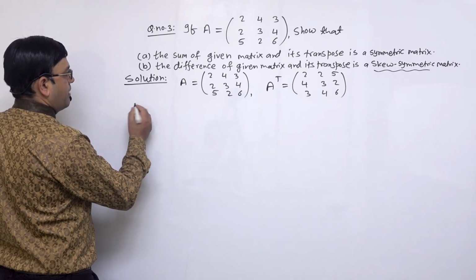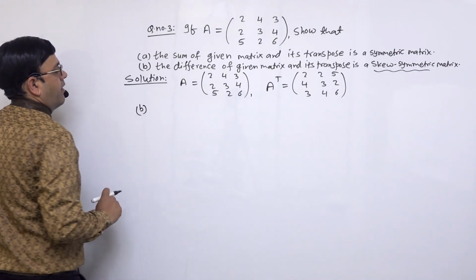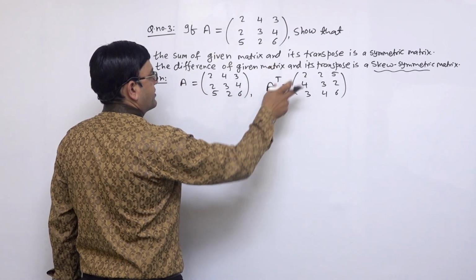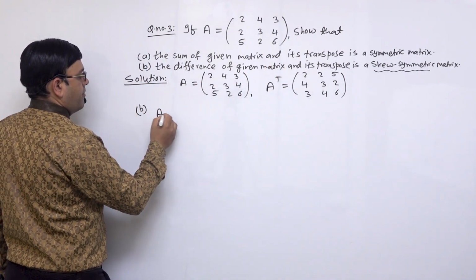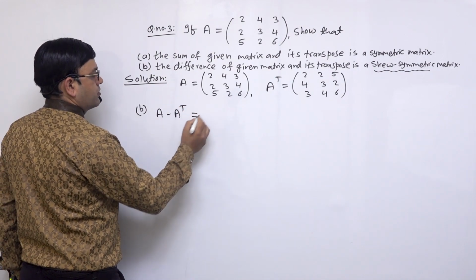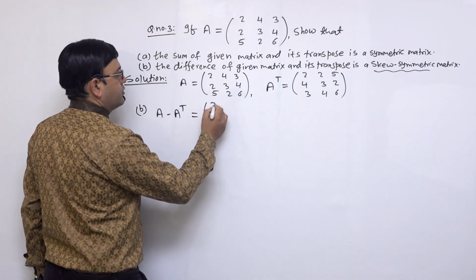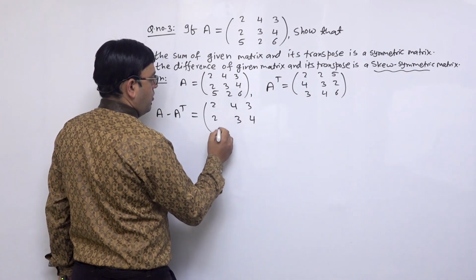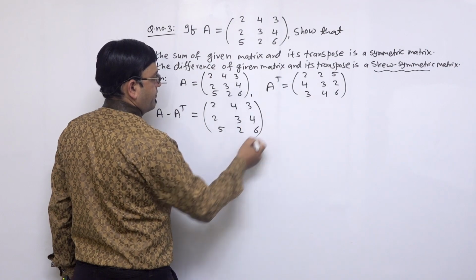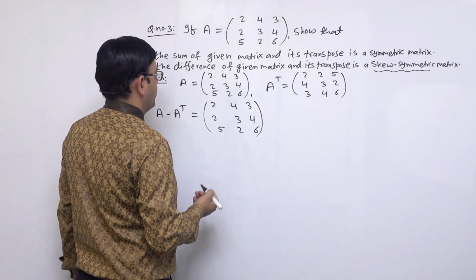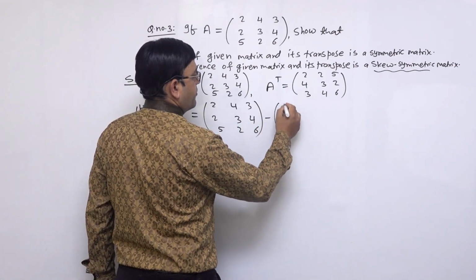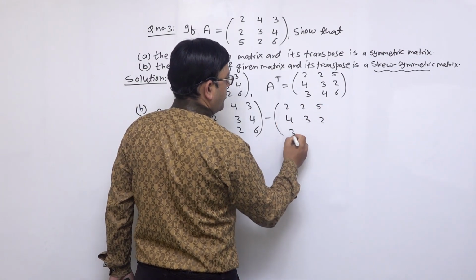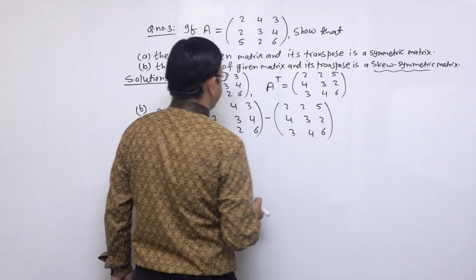Now for part B, we have to find the difference of a given matrix and its transpose. So A minus A transpose is equal to A, which is 2 4 3, 2 3 4, 5 2 6, minus A transpose, which is 2 2 5, 4 3 2, 3 4 6.